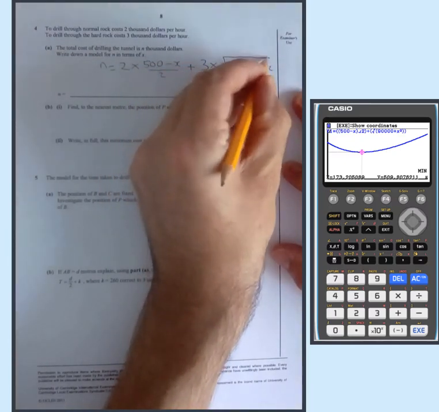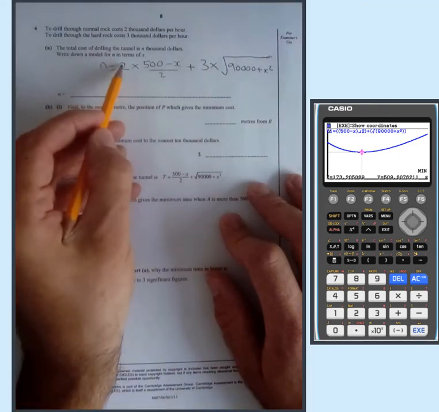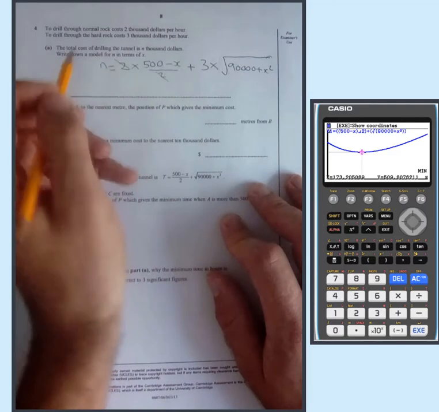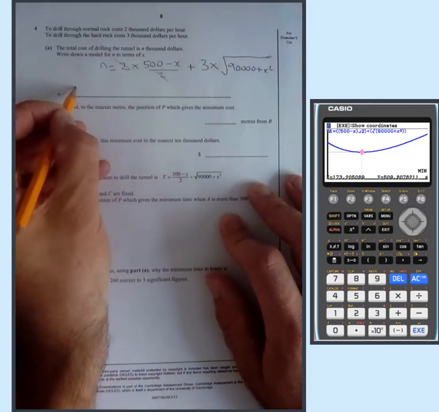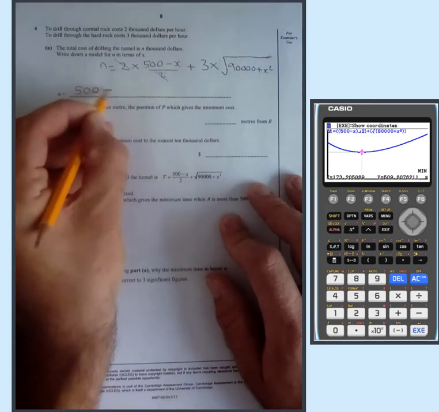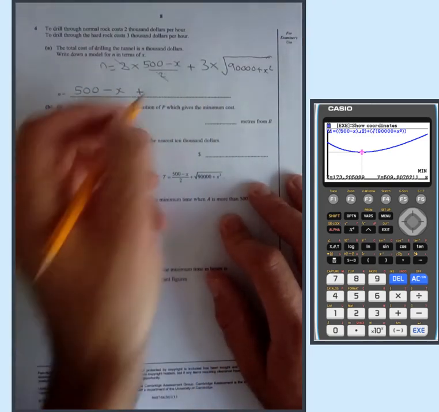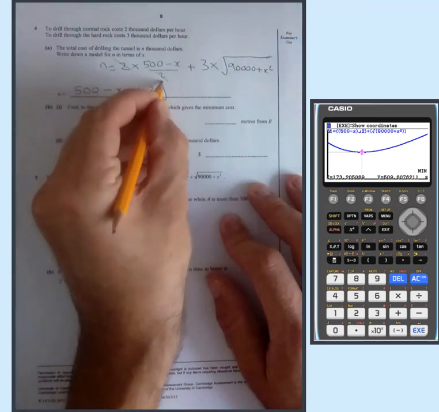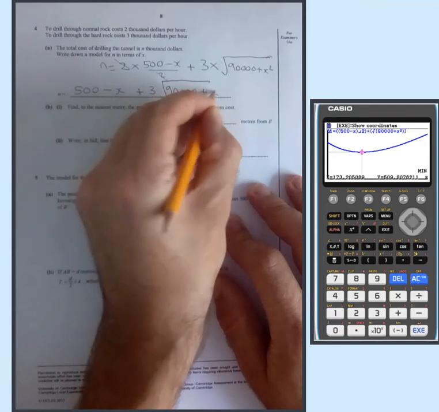So if you think about this, to tidy it up, well, the 2's are going to cancel. So you're just going to have N equals 500 minus x plus 3 square root 90,000 plus x squared.